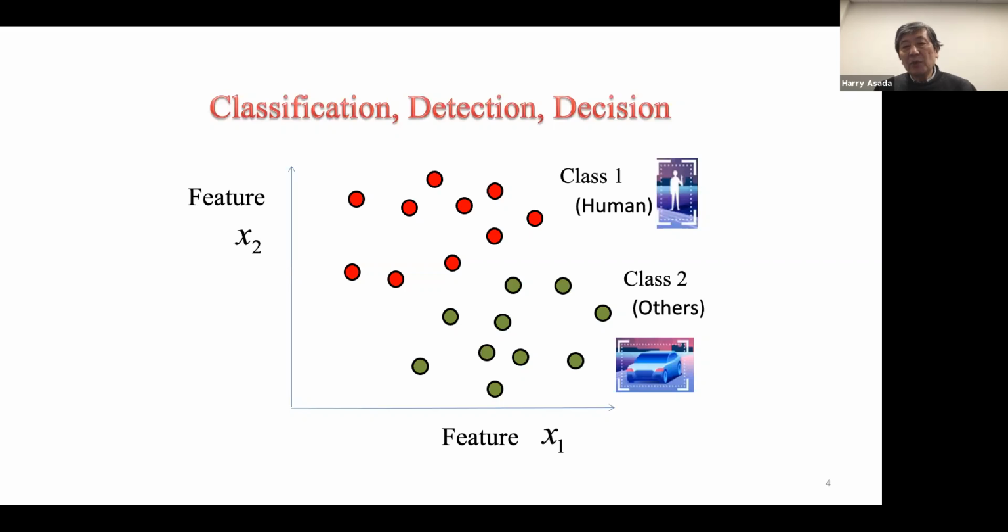So what we do is capture some features from the image or other sensor signals. In this case, 2 feature variables are taken, x1 and x2, and we plot the data. One class is classified as human, the other points as something else.